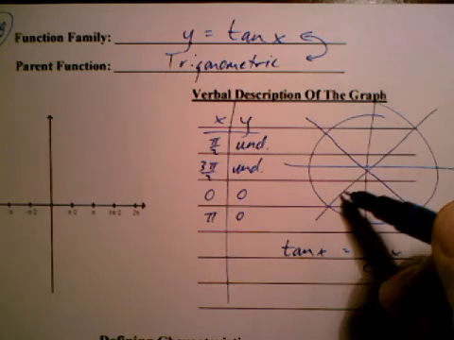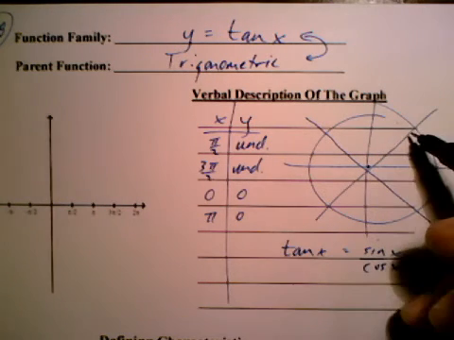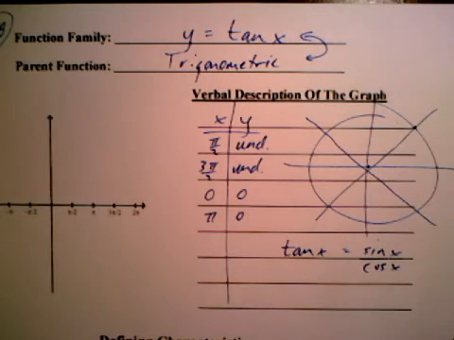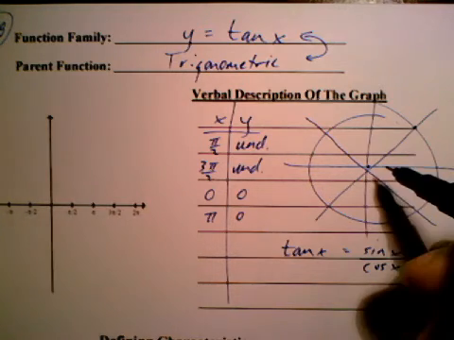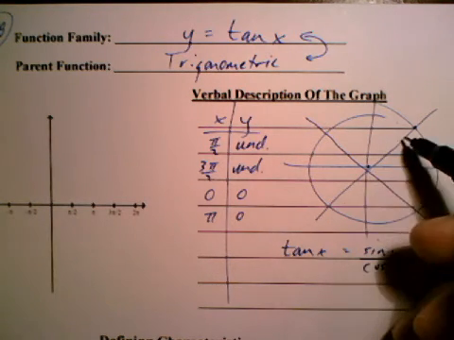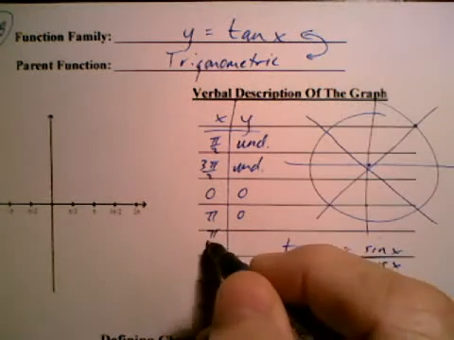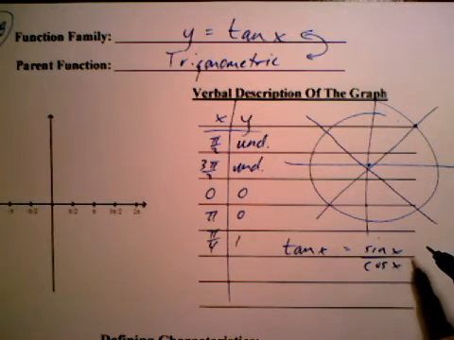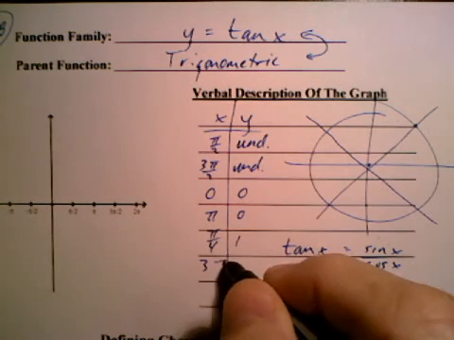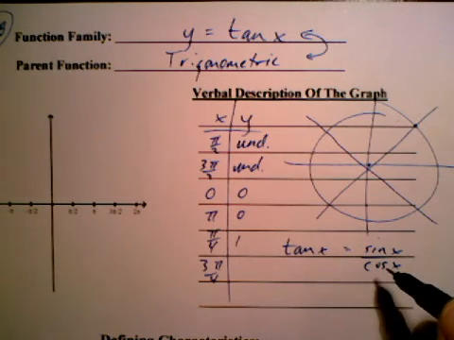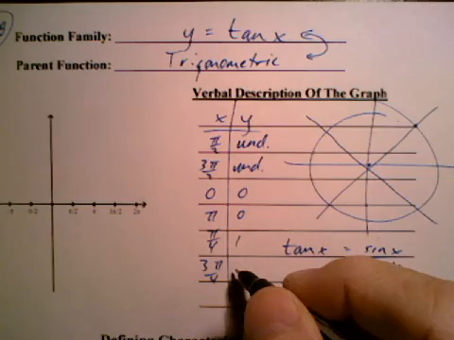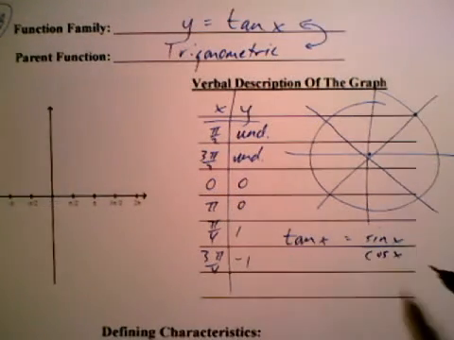Tangent is the slope of the line through the origin and the point around the unit circle. Okay, so the slope of the line is 1 through the angle of pi over 4. Okay. The slope is negative 1 through 3 pi over 4.